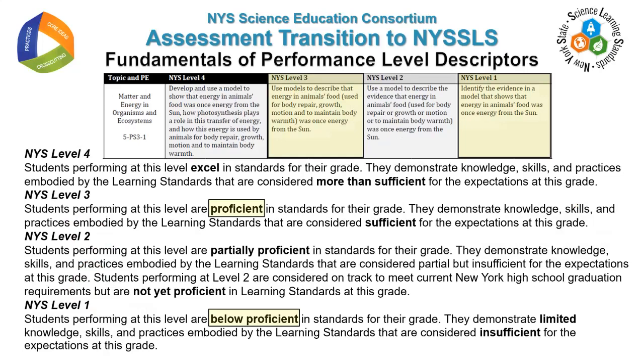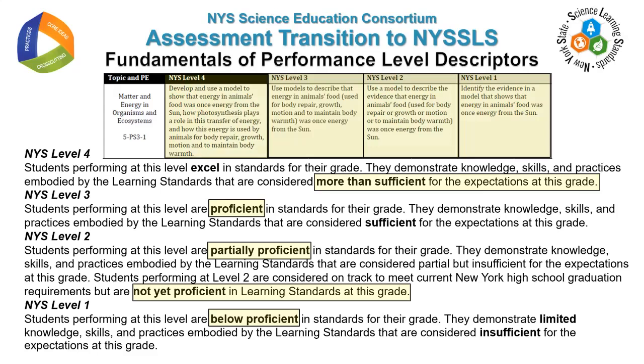Level 1 is below proficient, and insufficient. Level 2 is partially proficient, not yet proficient in the learning standards at this grade. And level 4 excels for their grade.